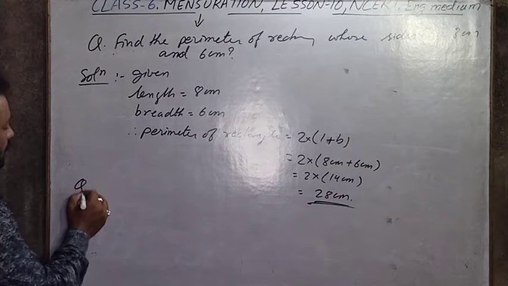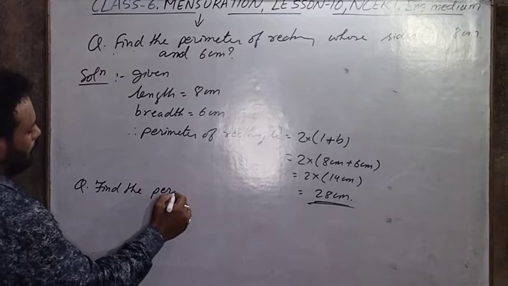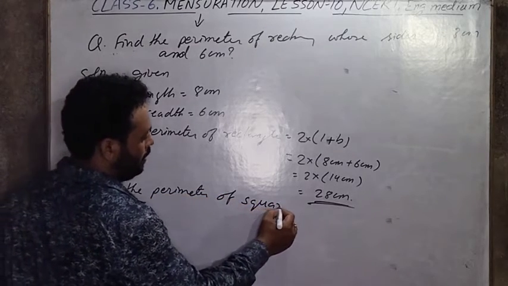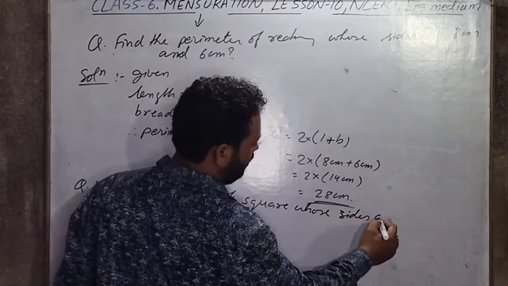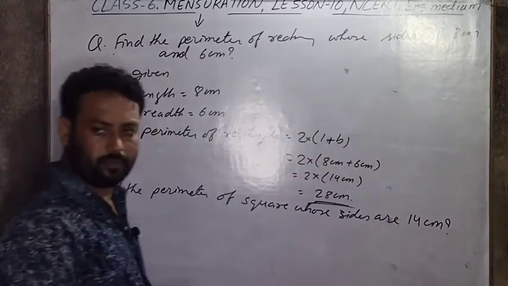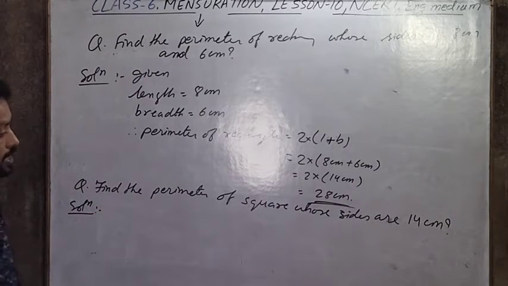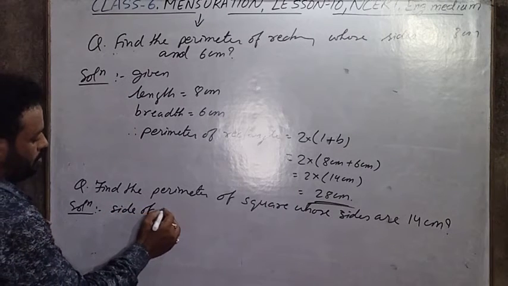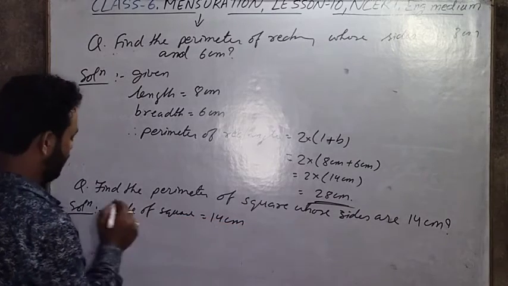Next question I am giving. Find the perimeter of a square whose side is 14 centimeter. This is the second question. So solution, what is given in this question? Side of square is given. Side of square is equal to 14 centimeter.